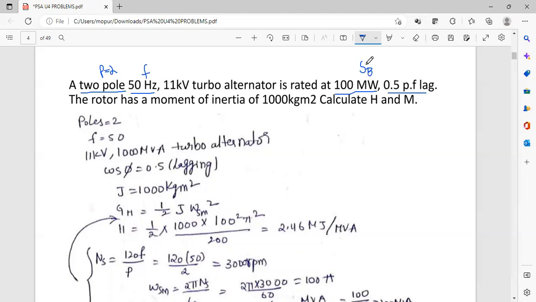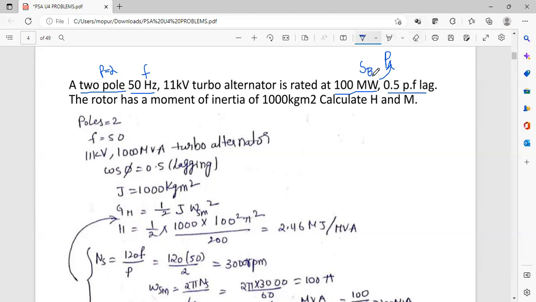Actually, this is real power. Since it is in megawatts, they have given real power P. You need to convert this P into SB. How to convert this P into SB? By using this cos φ factor, we should convert this P into SB.